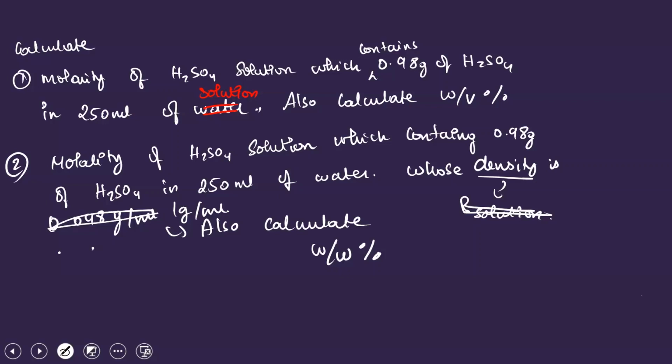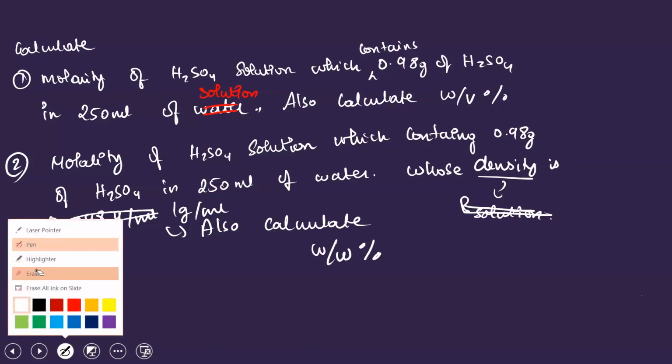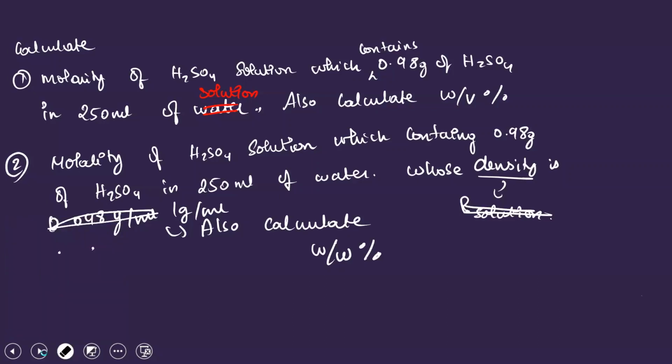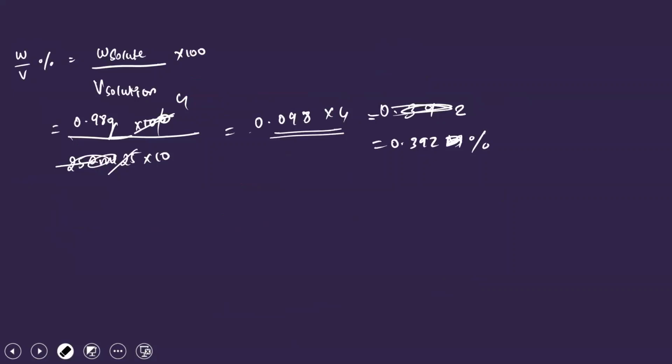See, molality of H2SO4 solution which contains 0.98 gram of H2SO4 in 250 ml of water, and density of water is 1 gram per ml. I'll write the question here again. So what did I ask you?